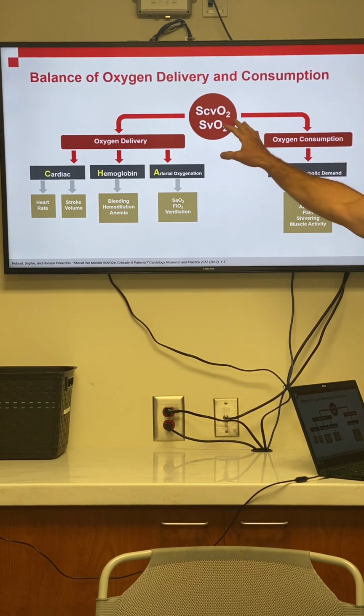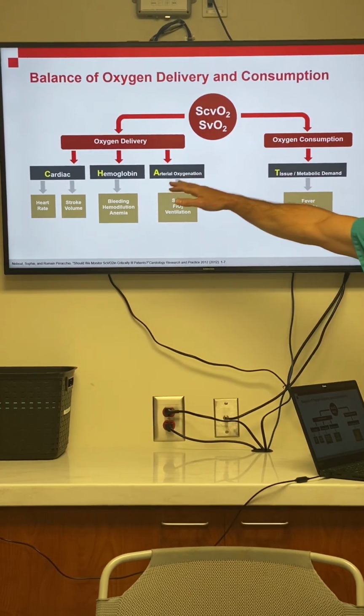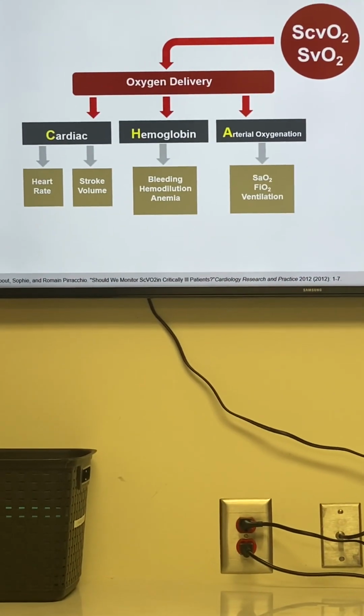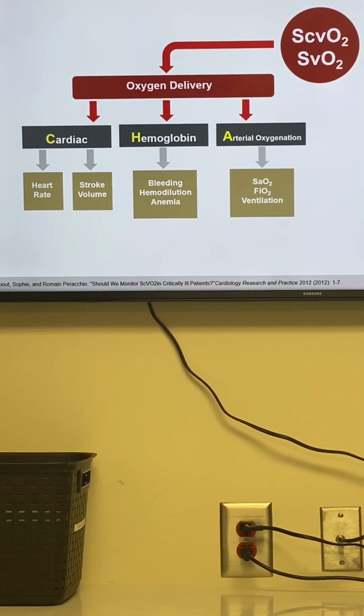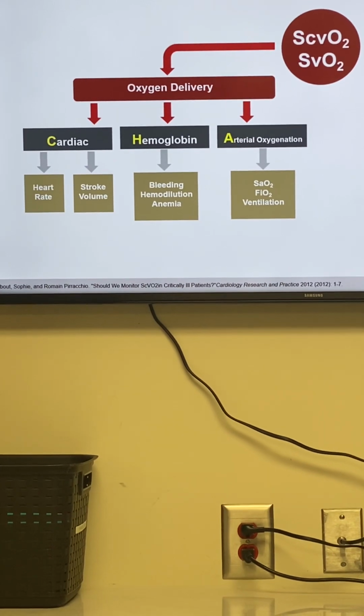So this gives us a really good indication of how well our body is handling the oxygen demand and consumption. Broken down even more, we have cardiac output, hemoglobin, arterial oxygenation, and tissue metabolic demand. The point of this is that your patients won't always have a Swan-Ganz catheter, right? Not every patient, that's mostly for cardiac.